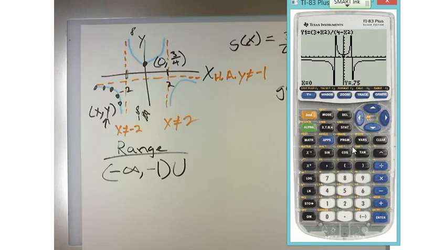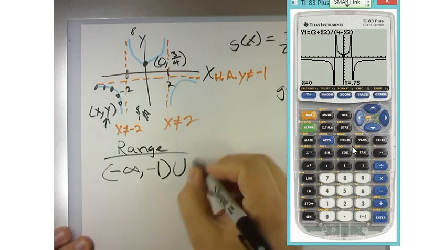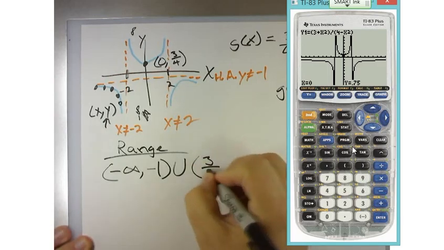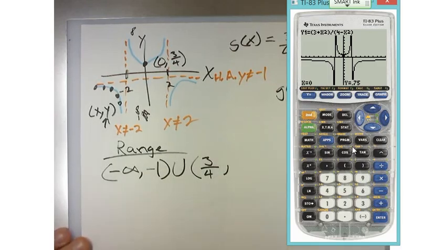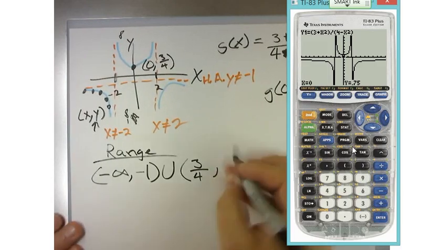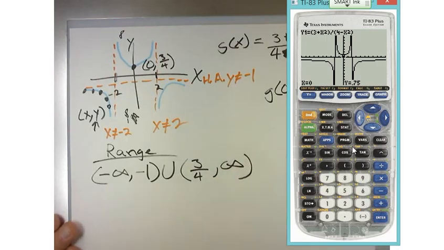Does it go any lower than that? No. What was the highest amount? Did I include negative 1? No. Could I include 3/4? Yeah.